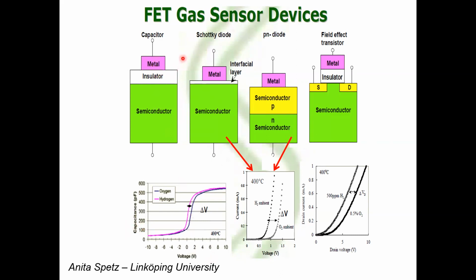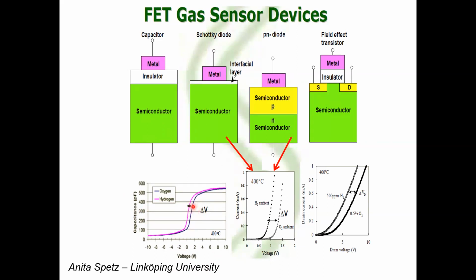Depending on the gas that absorbs at this interface, there will be a shift in the capacitance voltage curve, CV curve, and particularly for reducing gases, they will shift to the left, and for oxidizing gases, it will shift to the right.